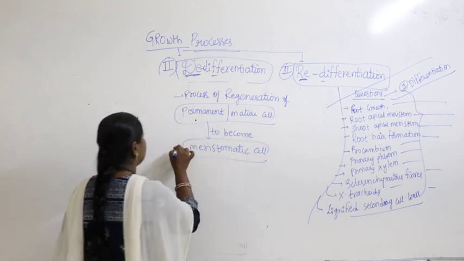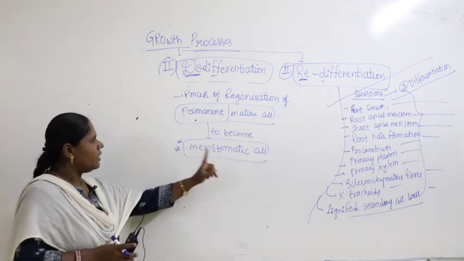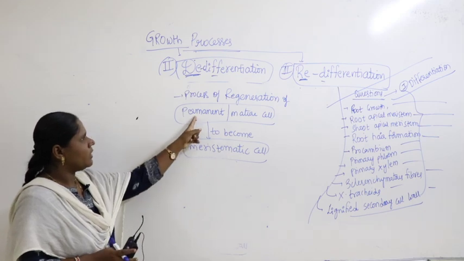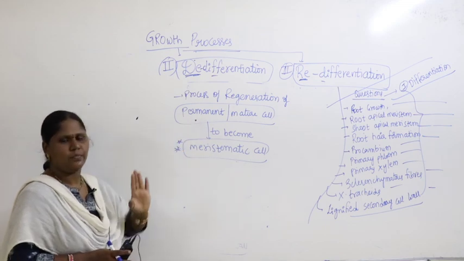It's called de-differentiation. Initially we studied that there is a formation of permanent cell, mature cell.